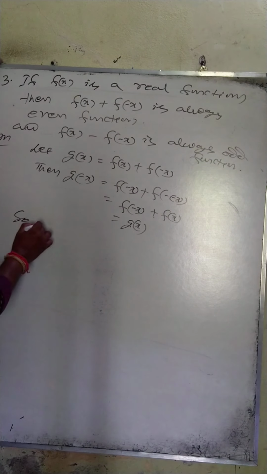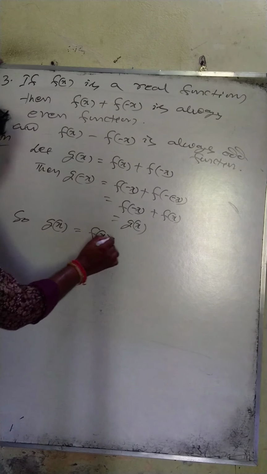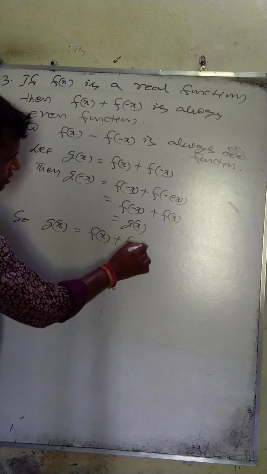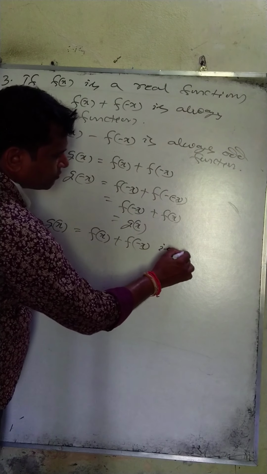So g of x is equal to f of x plus f of minus x is an even function.